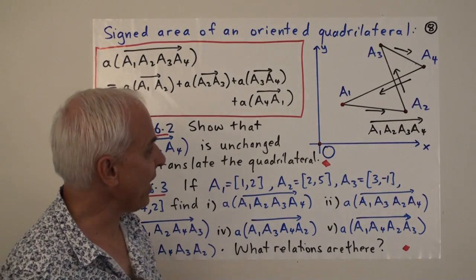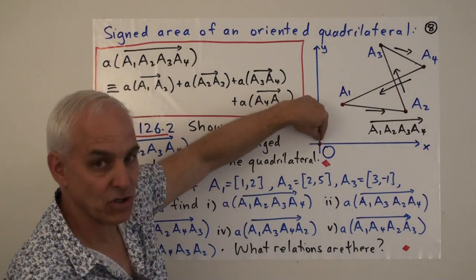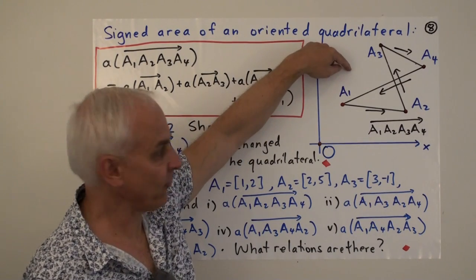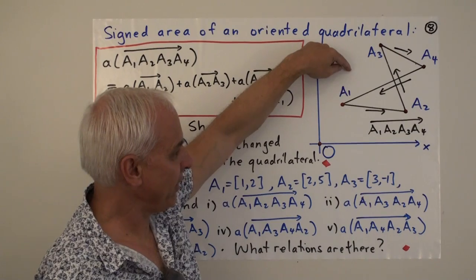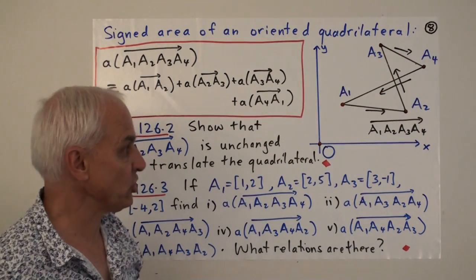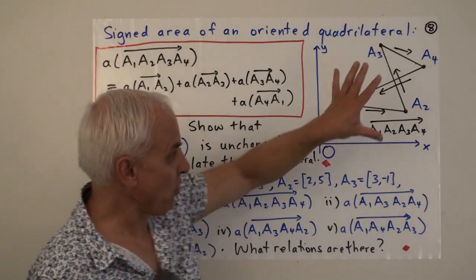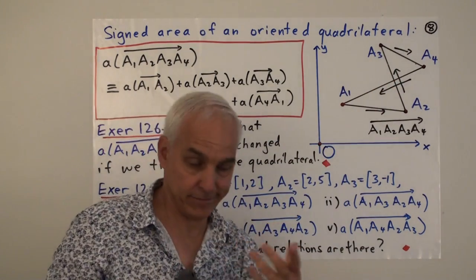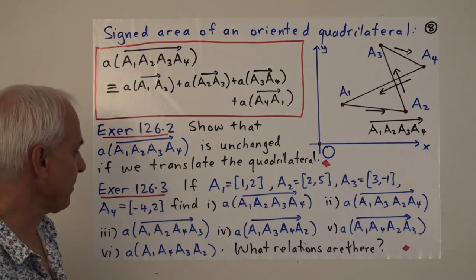Another way of thinking about that is that it's independent of moving the origin. So if we move the origin around, relocate things, then the signed area of this oriented quadrilateral is not going to change. So it really only depends on the quadrilateral and not its position in the plane. Another way of saying this.